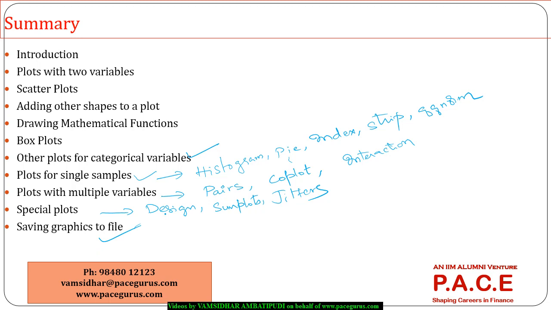So this entire session should give you an initial layer of understanding regarding the usage of graphics in R, and how simple it is to create different kinds of charts and graphs, which can really help you take your understanding to the next level. Thanks a lot for listening to this session.